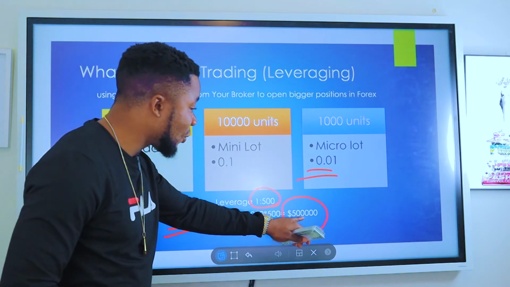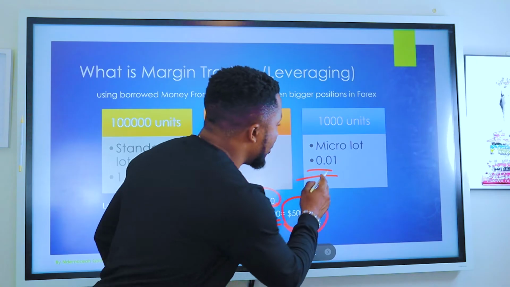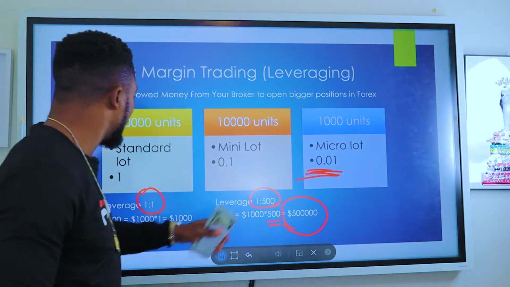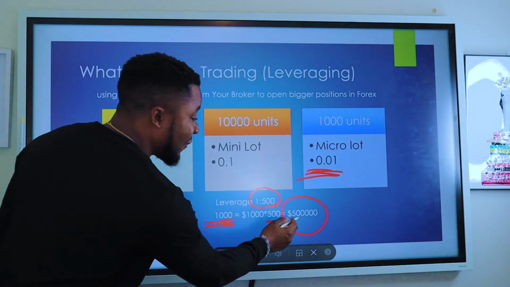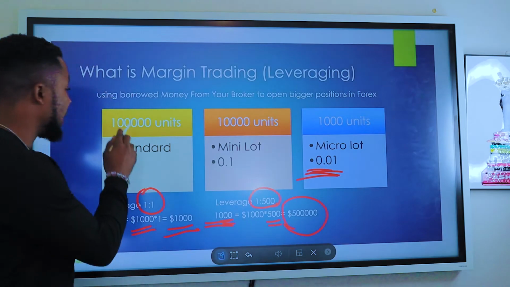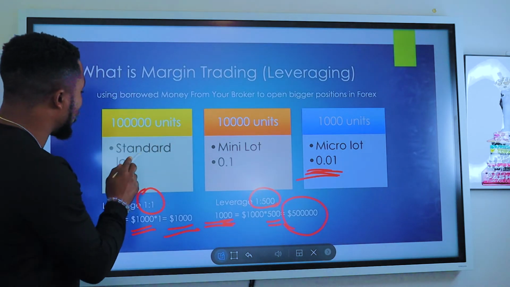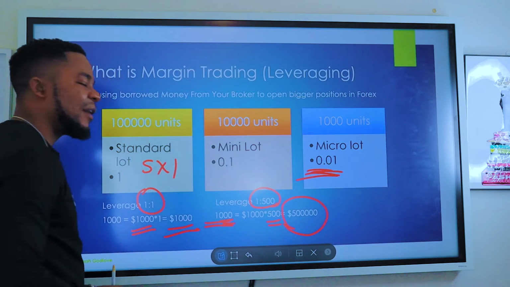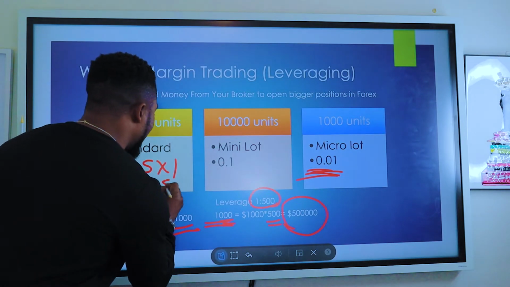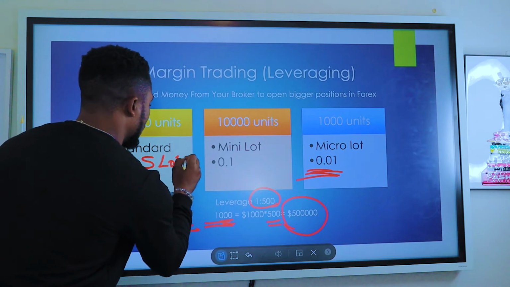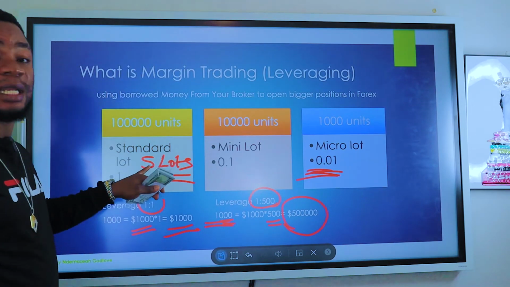With $500,000, instead of the micro lot being the maximum, you can open up to 5 standard lots, since the least you need for a standard lot is $100,000.